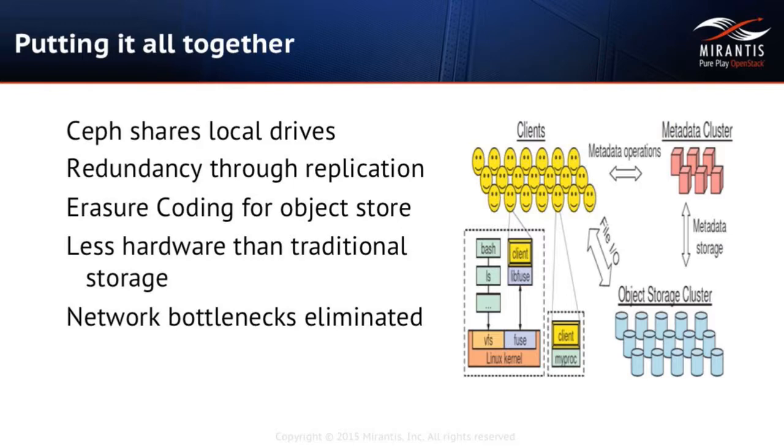You can use erasure coding to save on storage if you have a workload which allows higher storage latency, like an object storage model. And just generally, you're reducing the requirement for specialized or additional hardware to get to the same effect.